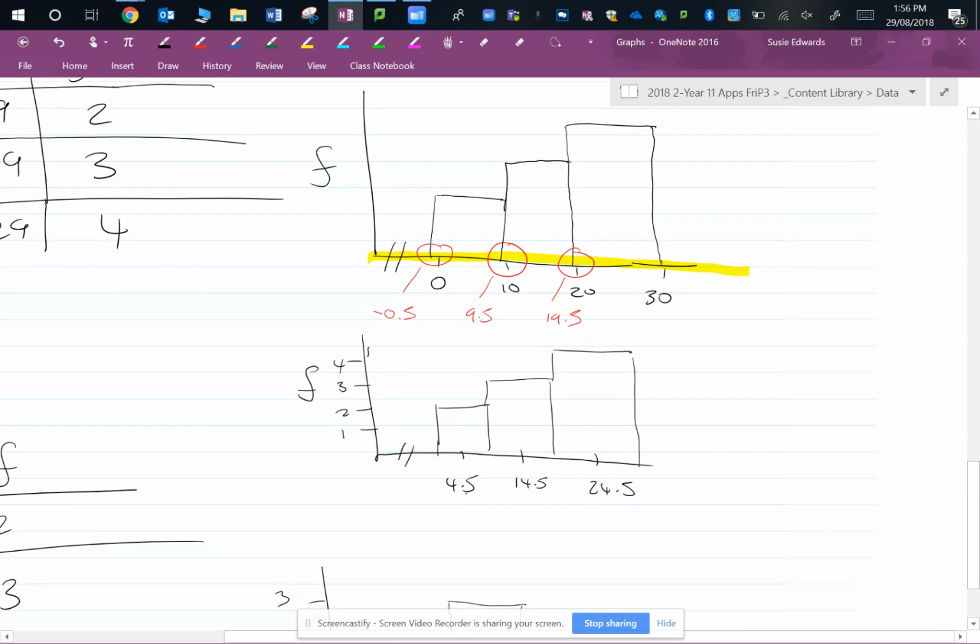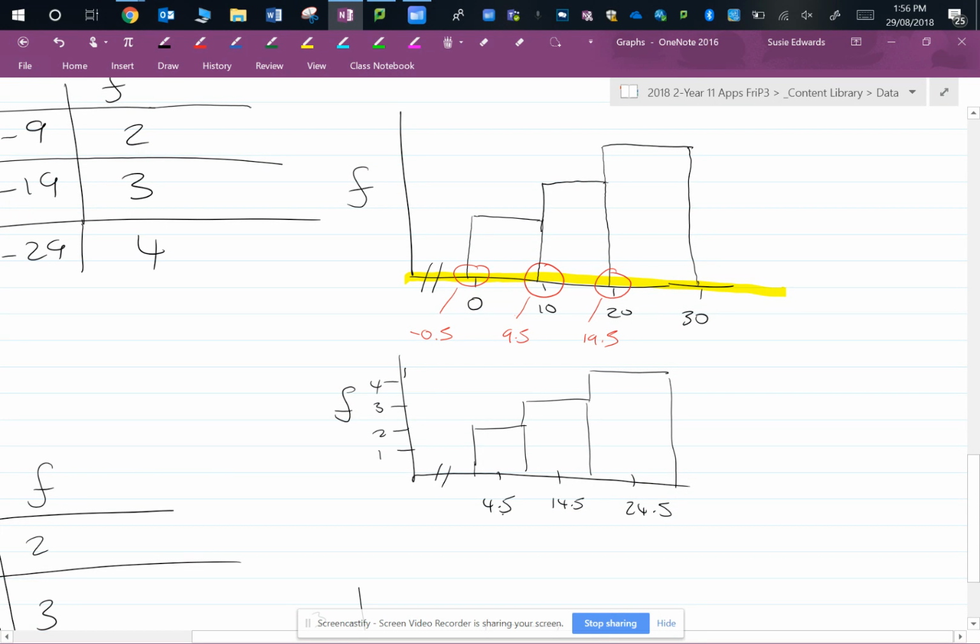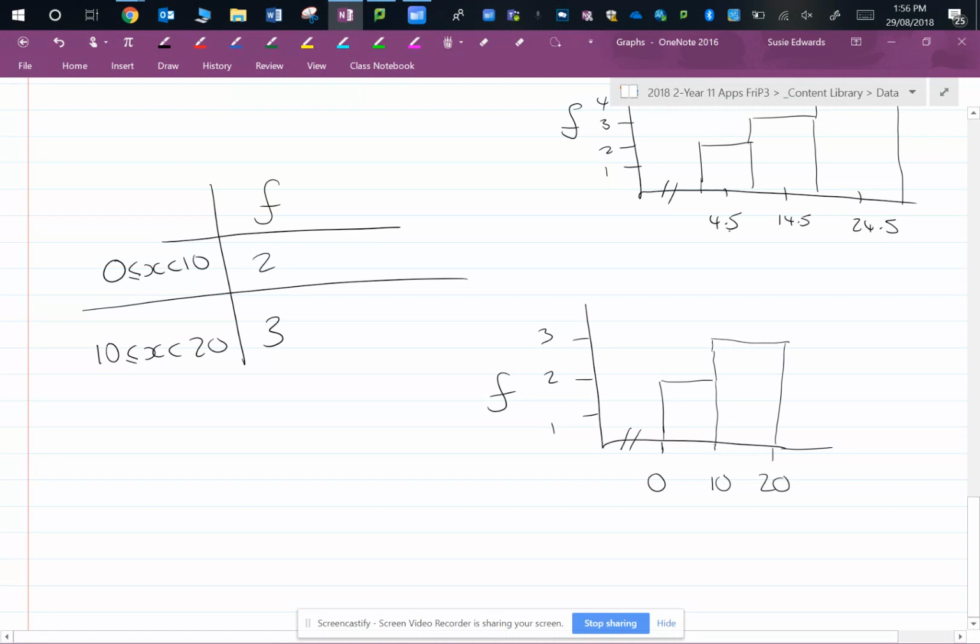Either way is fine. The only time a histogram is on a full number is when you get something like this, where it says x is greater than or equal to 0 and less than 10, and then greater than or equal to 10 and less than 20.